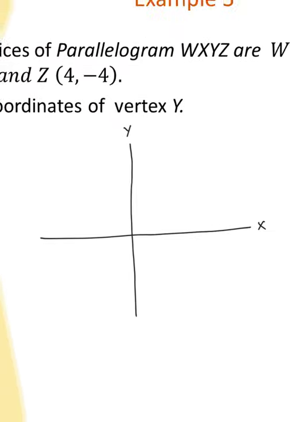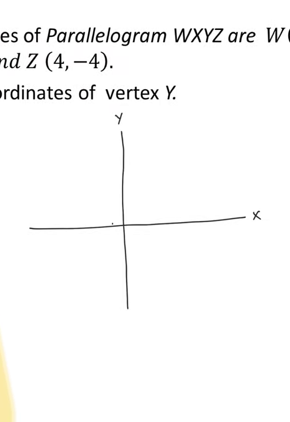So W is at (-1, -3), so left 1, down 3. This is W. X is at (-3, +2). X. And Z is at (4, -4), so 1, 2, 3, 4, down 4.